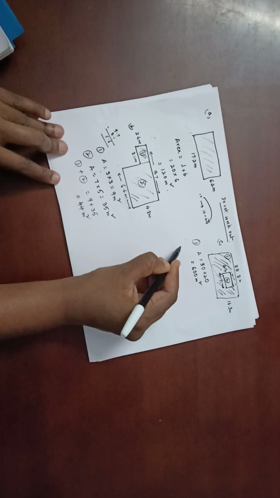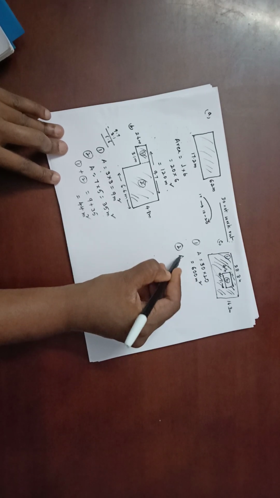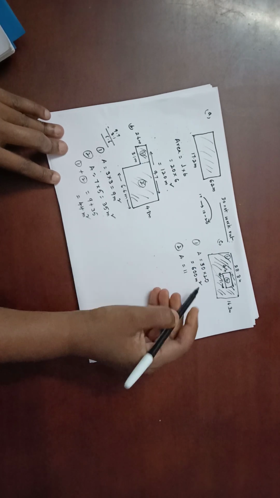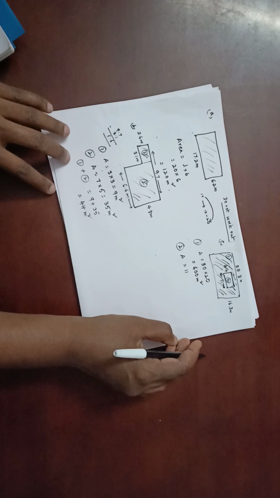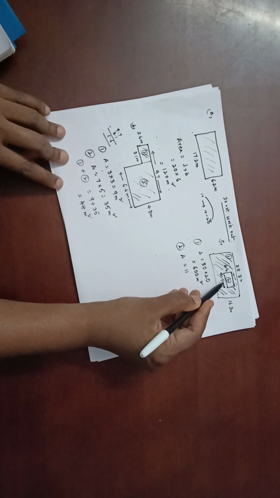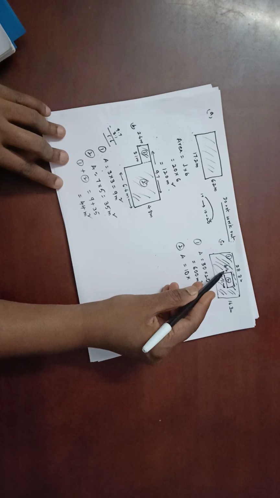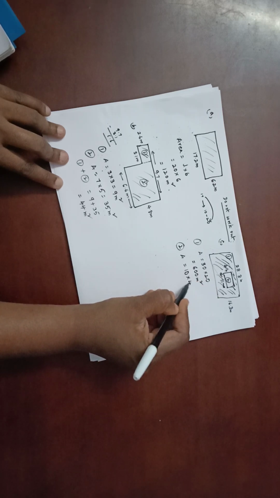Second area equals length into breadth. Your length is 11. You can take 11, or you can take the rounded number. 11 is in between 10 and 20, and I am taking the rounded number 10, into 4.4 rounded is 4.